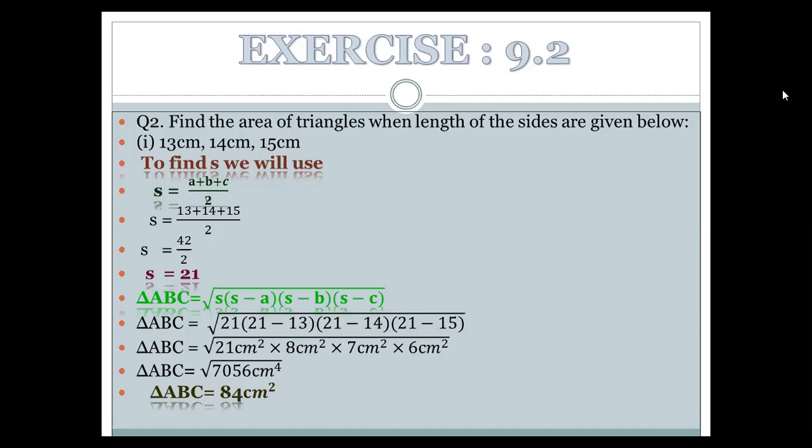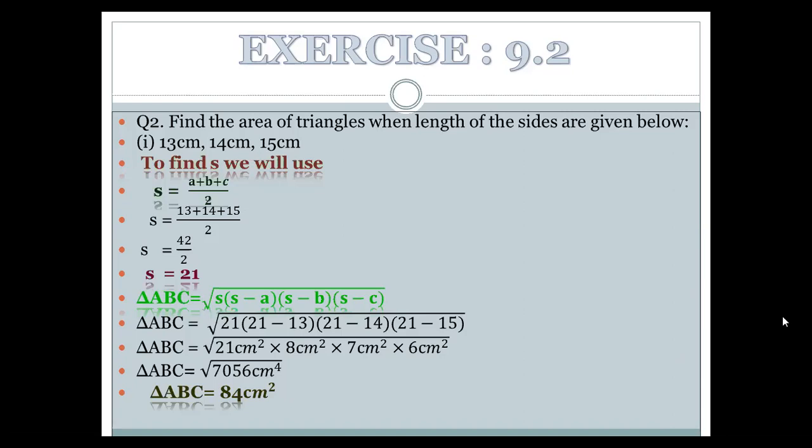After calculating the square, the multiplication, the square root, we see that the area of the triangle becomes 84 centimeter square, because the unit of the square is centimeter square.